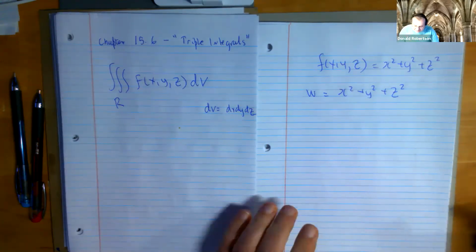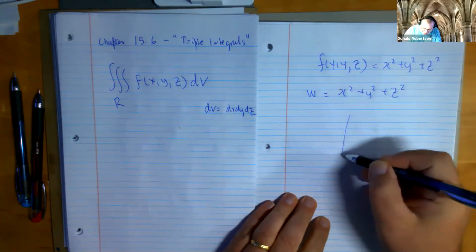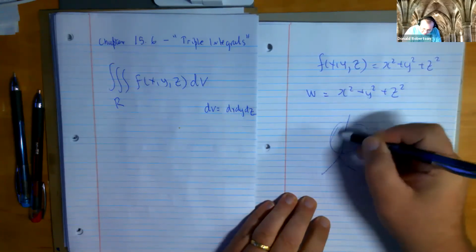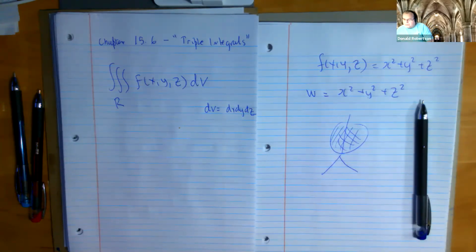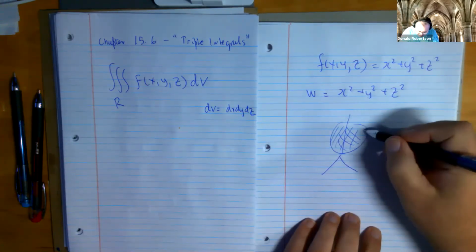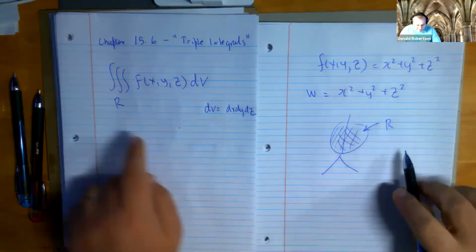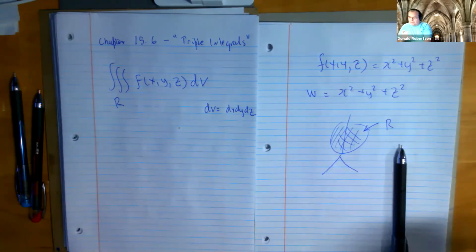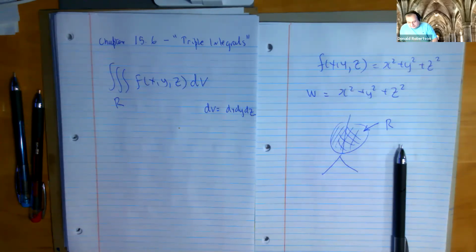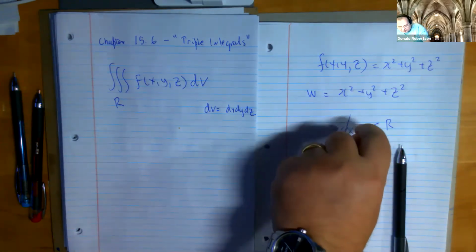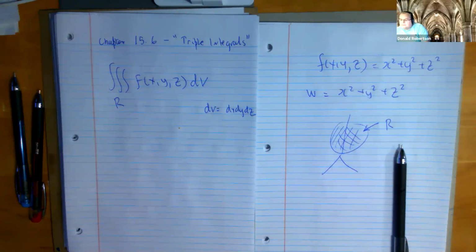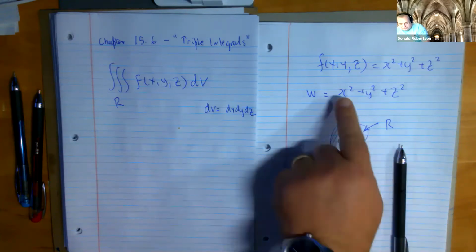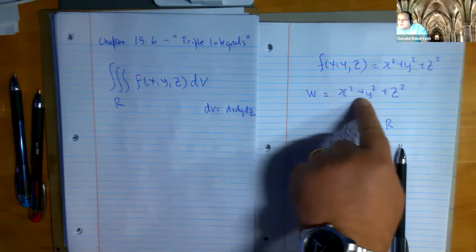Well, let me give you an example. Can you imagine in 3D space, you have a big sphere, right? And that big sphere is region R. The whole surface, not just the surface, but the inside, the whole sphere, the whole kit and caboodle. Can you imagine that every single point of that sphere has a temperature? And the temperature is given by, say, this formula here.